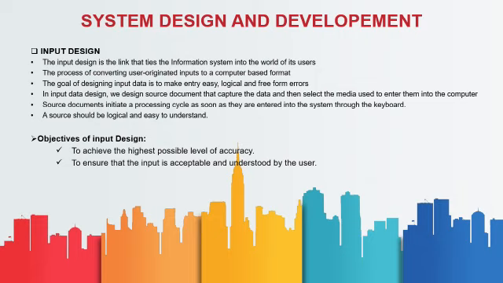The goal of designing data is to make entry easy, logical, and free from errors. Input design is a part of the overall system design; source documents initiate the processing cycle as soon as they are entered into the system through the keyboard. A source should be logical and it should be easy to understand. The objectives of input are, as mentioned, to achieve the highest possible level of accuracy and to ensure that the input is acceptable and understood by the user.